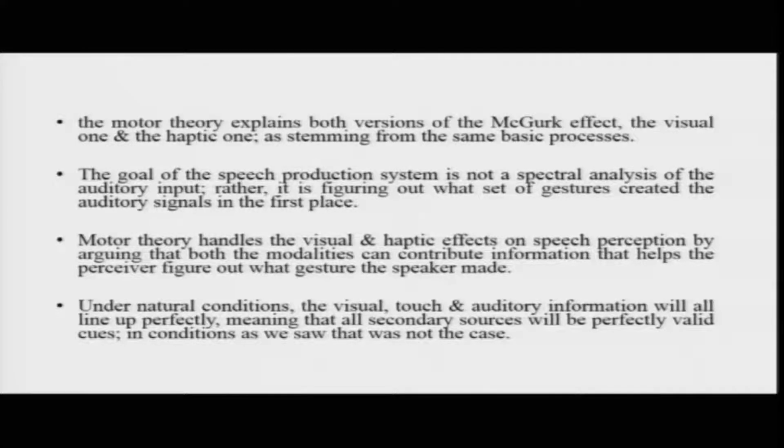Motor theory handles the visual and haptic effects on speech perception by arguing that both modalities contribute to the information that helps the perceiver figure out what is being said. Under natural conditions, the visual, touch and auditory information will all be available. Not really touch, because you're not touching people when they're speaking, but say all of them are available.